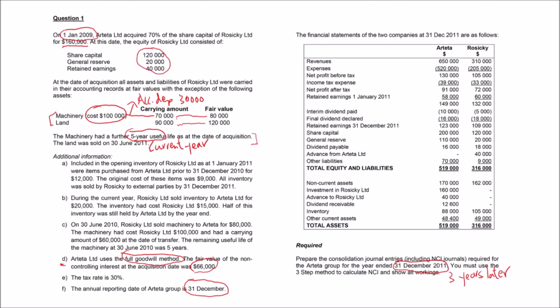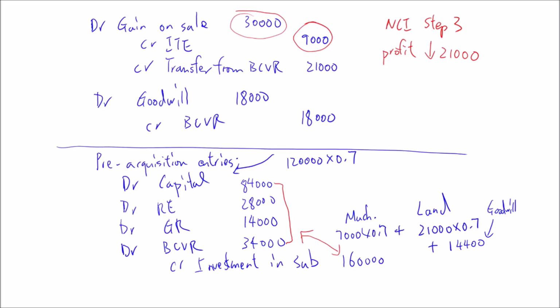In this case, we can see that you sold the land. And more importantly, you sold that in the current year, which is why you will have an entry of transfer from BCVR in terms of land. So with this one, we need to reverse this account. And once again, remember that the parent entity only owns 70%. As a result, you only want to reverse 70% of that transfer from BCVR.